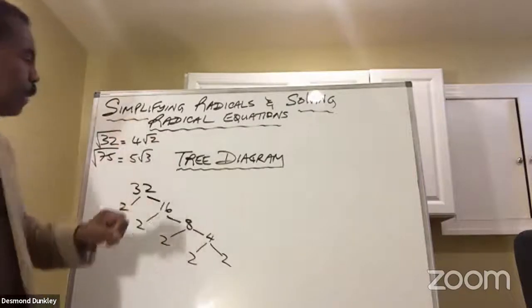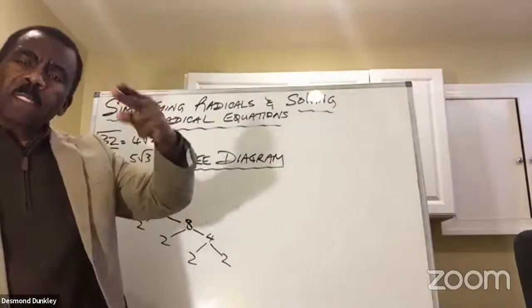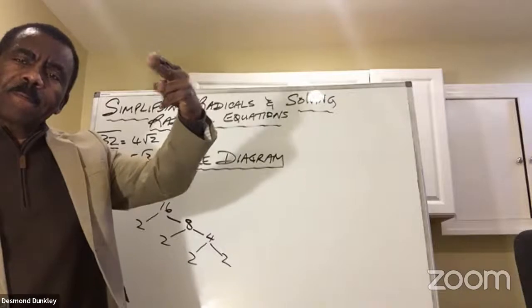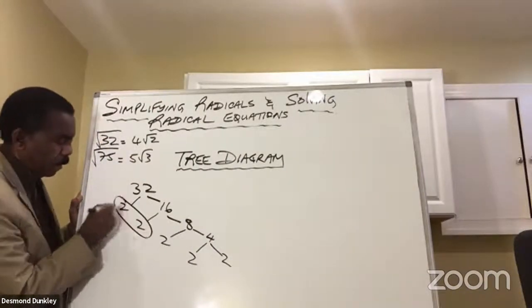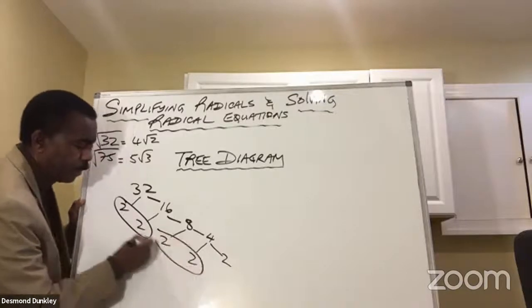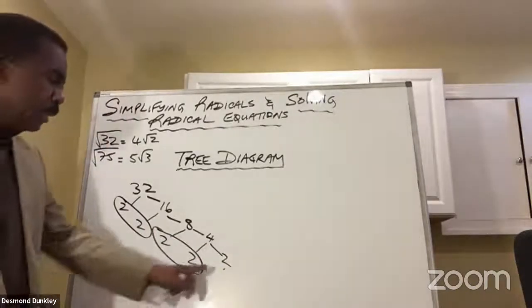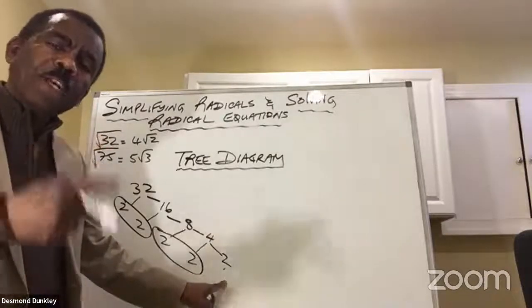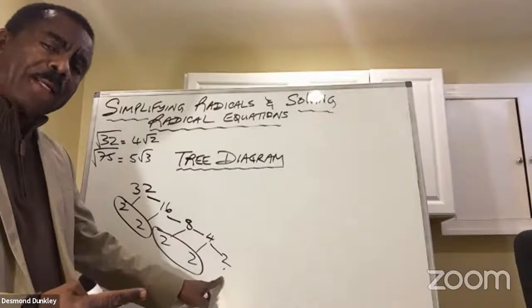Since we're looking for the square root, we're looking for pairs. What times itself? That's a pair. So that's one pair, and that's another pair, and that is single. So this doesn't have a match, so therefore there is no square root for this. This is going to stay inside the radical.